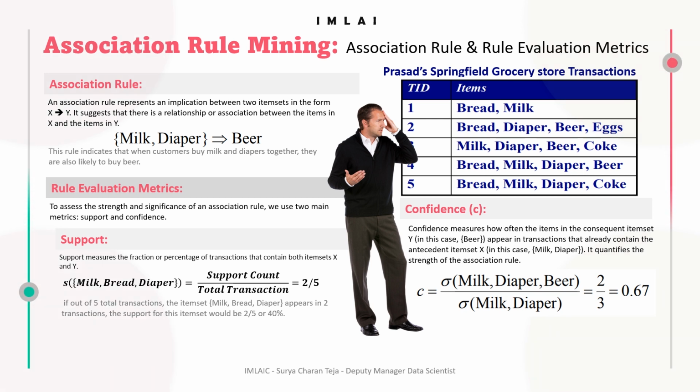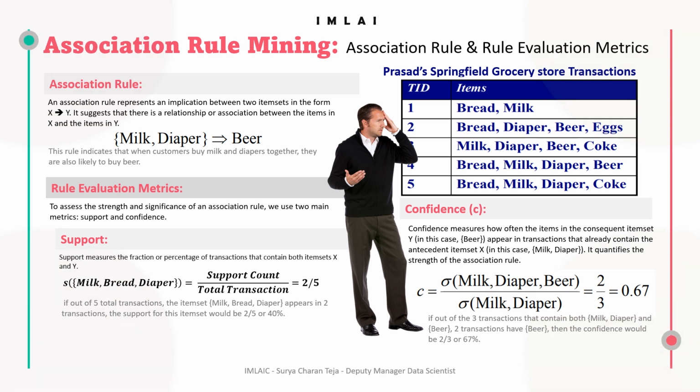For example, if out of the 3 transactions that contain both milk and diaper, you see milk, diaper 1, milk, diaper 2, milk, diaper 3, and out of these, 2 transactions have beer.